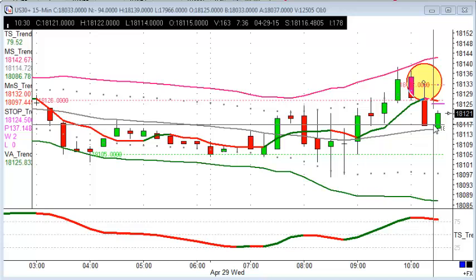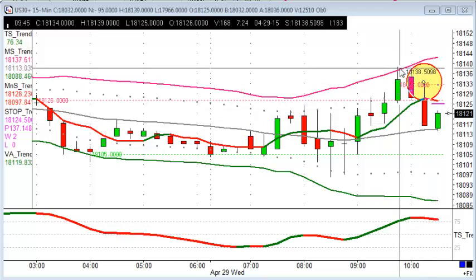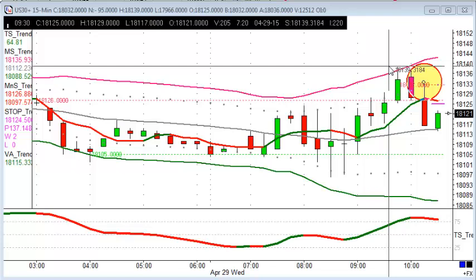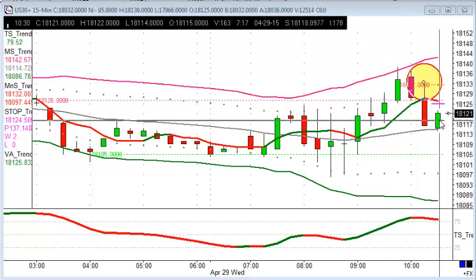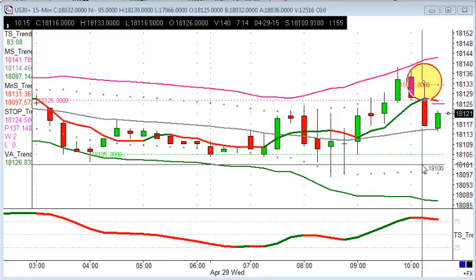In circumstances like this, it basically translates as looking for a fixed 20-point target. That's it. So again, looking at our entry at 18121, our stop at 18140 roughly. Our target therefore 18101. So down here, that region there.